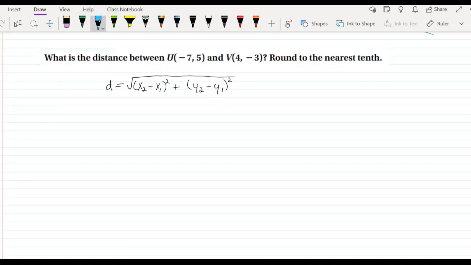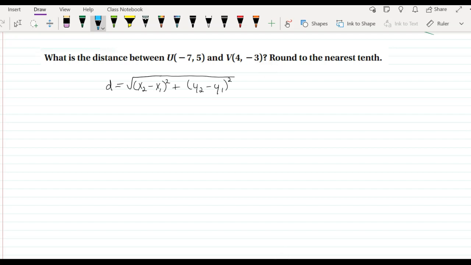Okay, so remember, distance is equal to the square root of a squared plus b squared. It doesn't matter which point you label x sub 2 or which x coordinate you label as x sub 1, as long as you're consistent in the order.